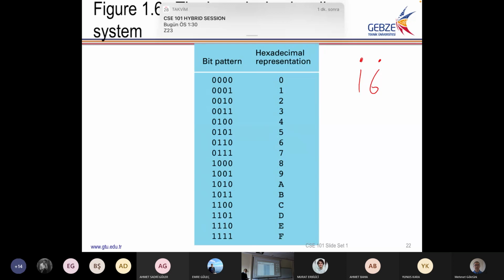Actually 16 beans we call 10 in hexadecimal. 10 in the hexadecimal numbering system corresponds to 16 beans, and 15 corresponds to F.